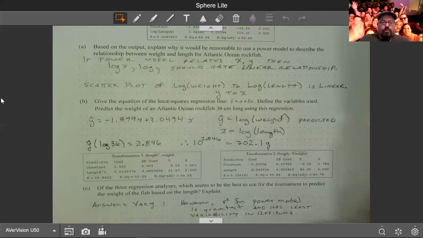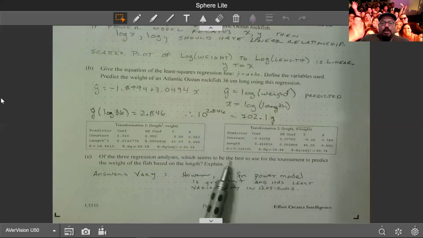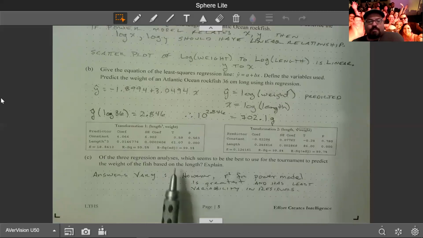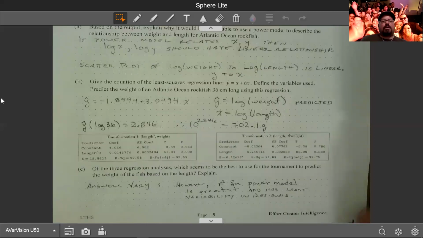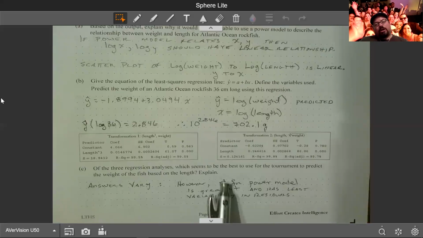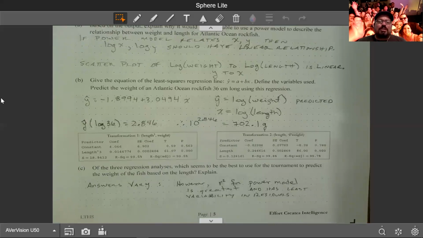Okay. Now, of the three regression analyses, which seems to be the best for the tournament to predict the weight? Well, your answers will vary, and one might be better than another in terms of ease of use. But generally speaking, R square is our simple approach, and the R squared for that power model is greatest and has the least variability in the residuals.